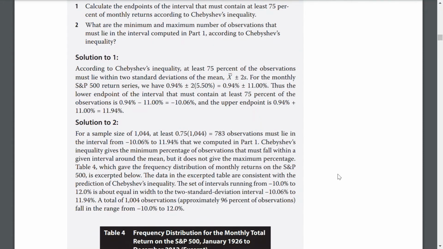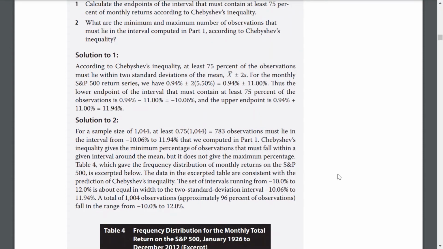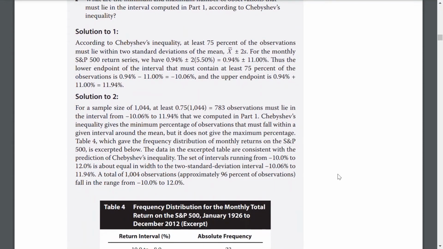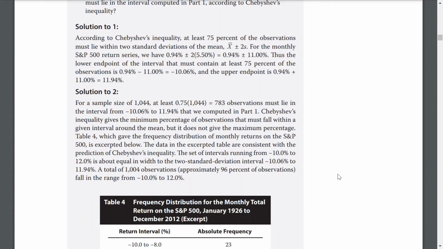According to Chebyshev's inequality, at least 75% of observations must lie within 2 standard deviations of the mean, x bar plus or minus 2s. For the monthly S&P 500 return series, we have 0.94% plus or minus 2 multiplied by 5.5%, which is equal to 0.94% plus or minus 11%.